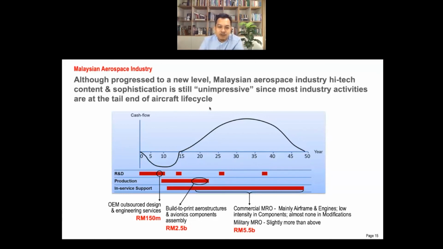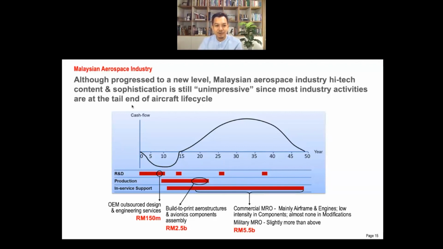Why? Since most of the Malaysian aerospace industry activities are at the tail end of the aircraft life cycle. So we are not involved in major aircraft design activities from the beginning. We are mainly focused at the end.